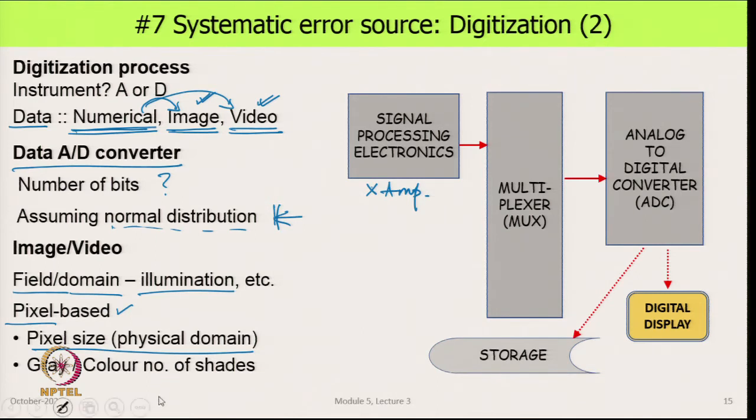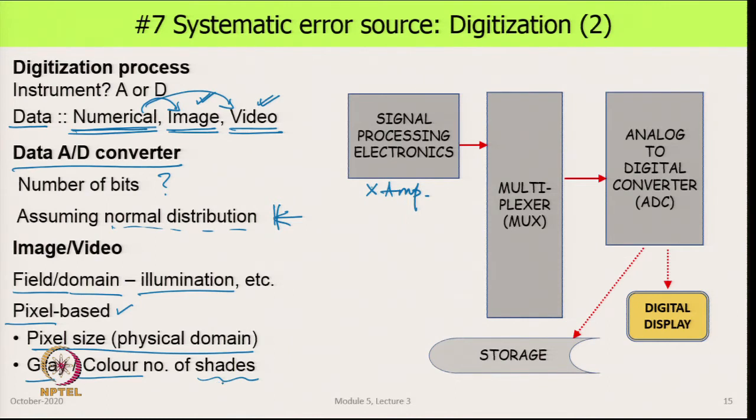And each pixel in turn has a set of numbers associated with it. One of course is its position, and if it is a gray or a color one, then in each one of these there are many shades, 256 shades or maybe even a million shades, and that tells you the richness of the color.